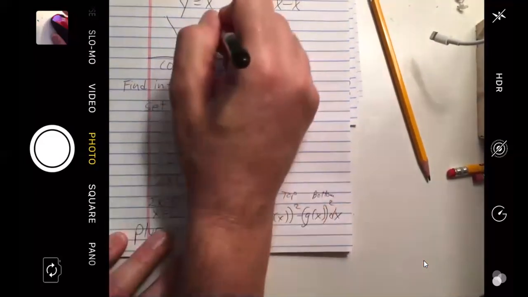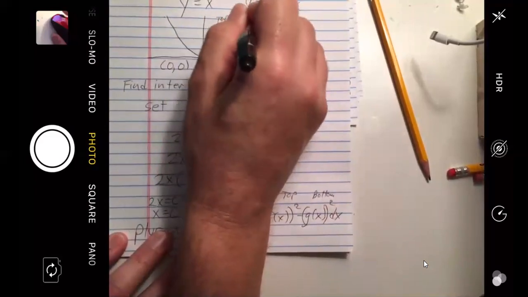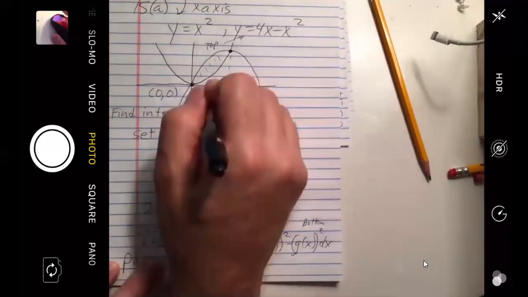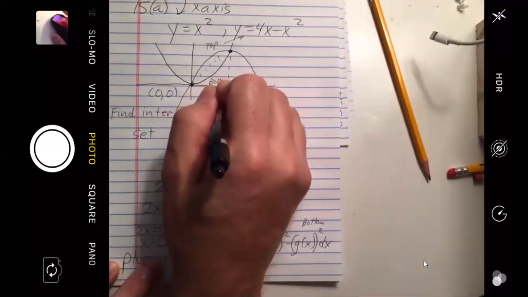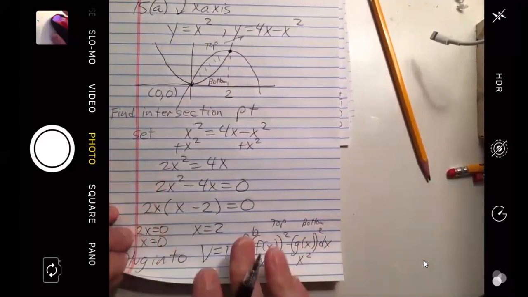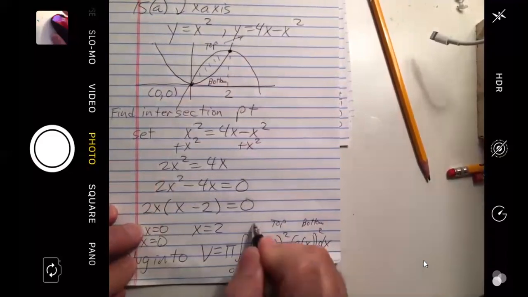All right, your top, that's the 4x minus x squared, the bottom facing parabola, and this is the bottom, which is your x squared. So the bottom is x squared and your top is 4x minus x squared. Have to go to the next page. You're going to run from 0 to 2.